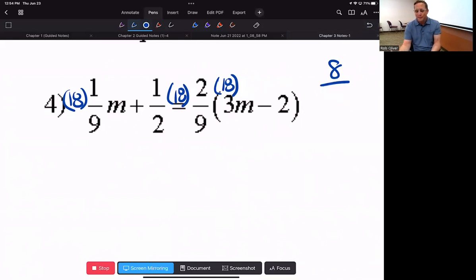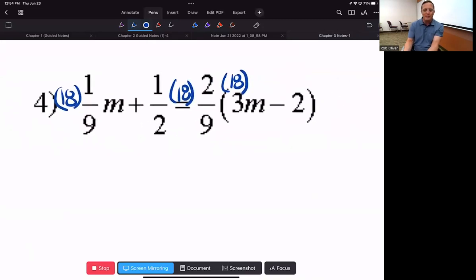But it's not just as easy as crossing it out, though it is almost that easy, because we're going to cross cancel. So 18 divided by 9 is 2, and 9 divided by itself is 1. And that's what you want to happen to every single denominator. You want to get a 1 here. If it doesn't turn into 1, you're not doing it right.